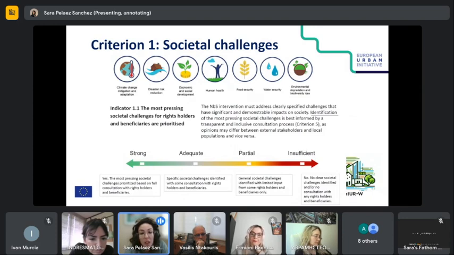For example, in NatUR-W, we have community forums in which we open up this consultation process. For those that were in the previous training, you might remember this traffic light system is the rating for the application of the standard. We will go into detail later.